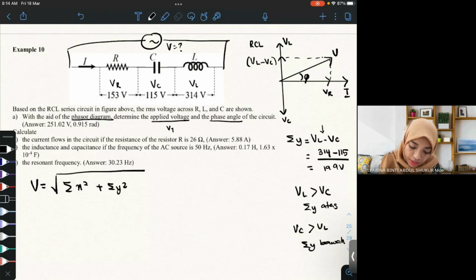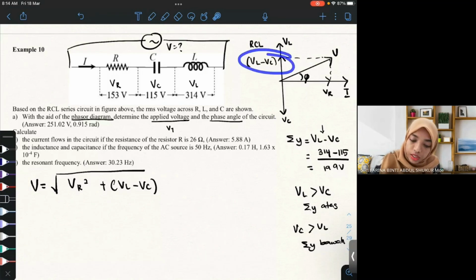However, summation X square kita adalah VR. Ini adalah VR square. Summation Y square kita pula adalah the VL minus VC. Okay, sebab kita dah cari along Y.